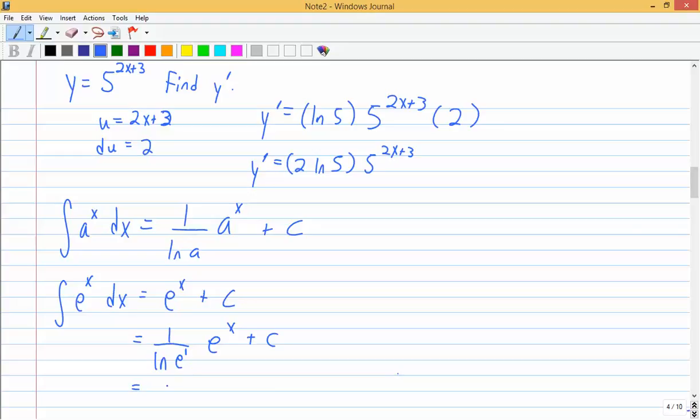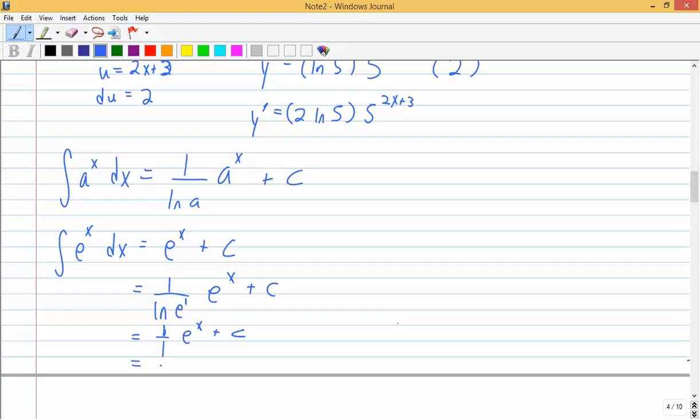So that would be 1 over 1 times e to the x plus c, or e to the x plus c. So the formula even works for e. It's just that we don't write all this. This is kind of hidden. It's just easier to not have to remember that. But it's there, it's just hidden.